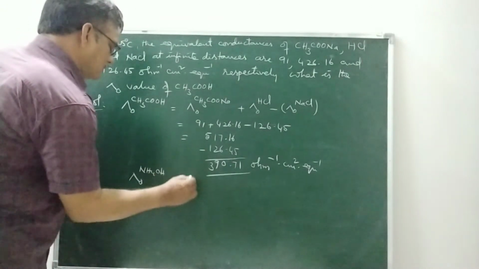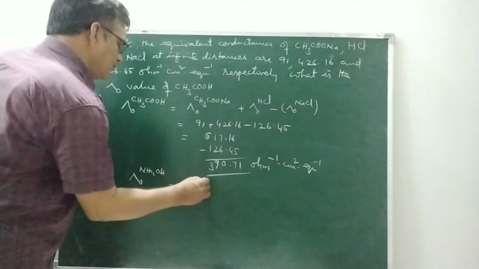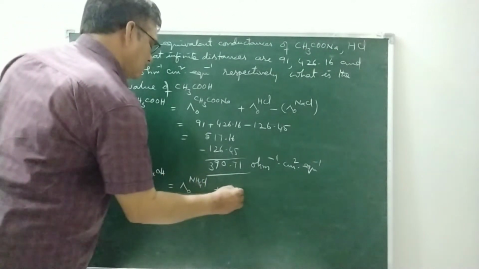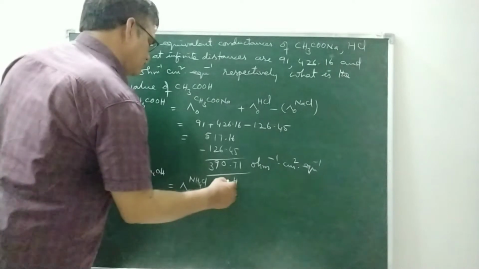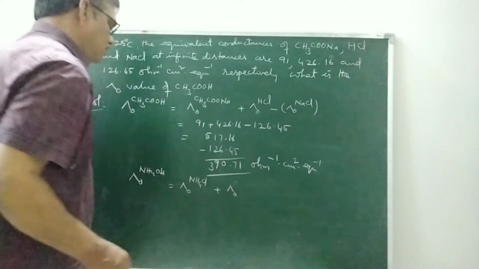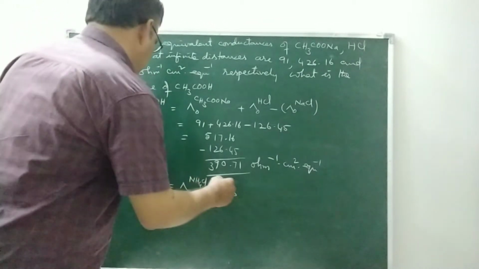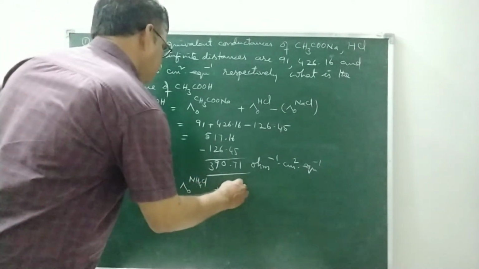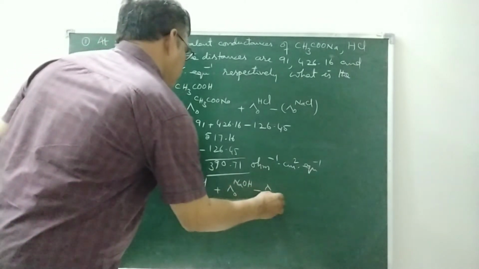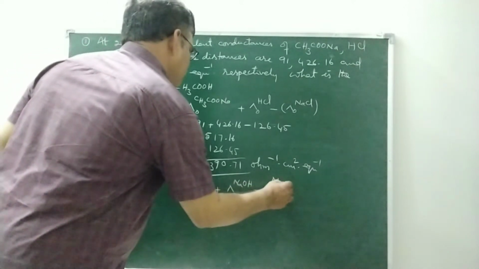Lambda naught NH4Cl plus lambda naught NaOH minus lambda naught NaCl.